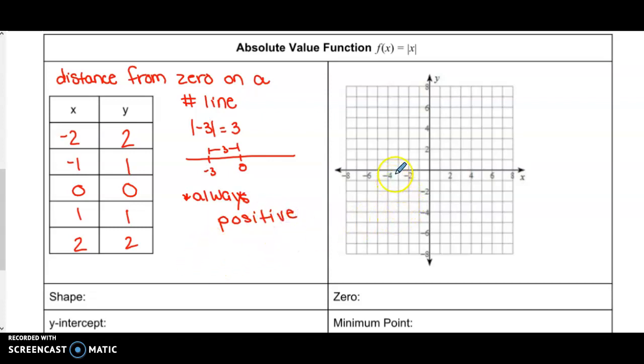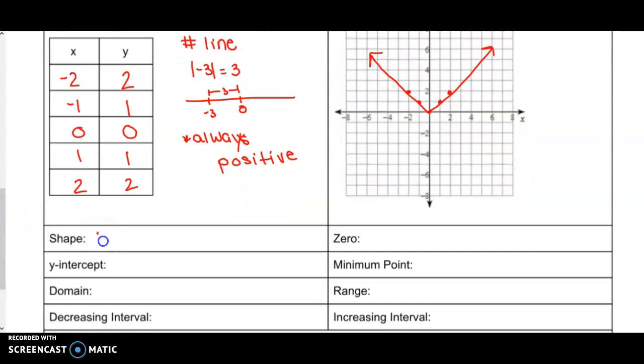All right, so if you graph these, what you see is that the shape of the graph is a V. So we just say it has a V shape. The zero, again, is the x-intercept, so it hits the x-axis at 0, 0.